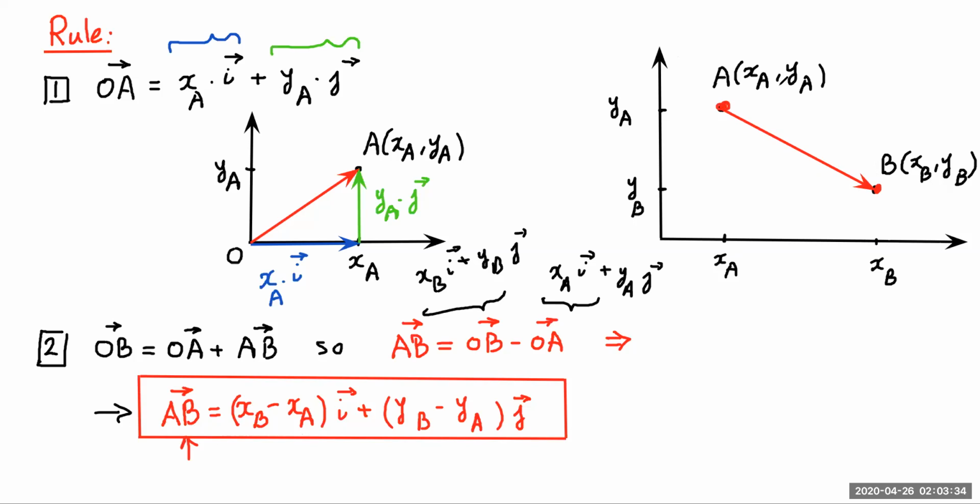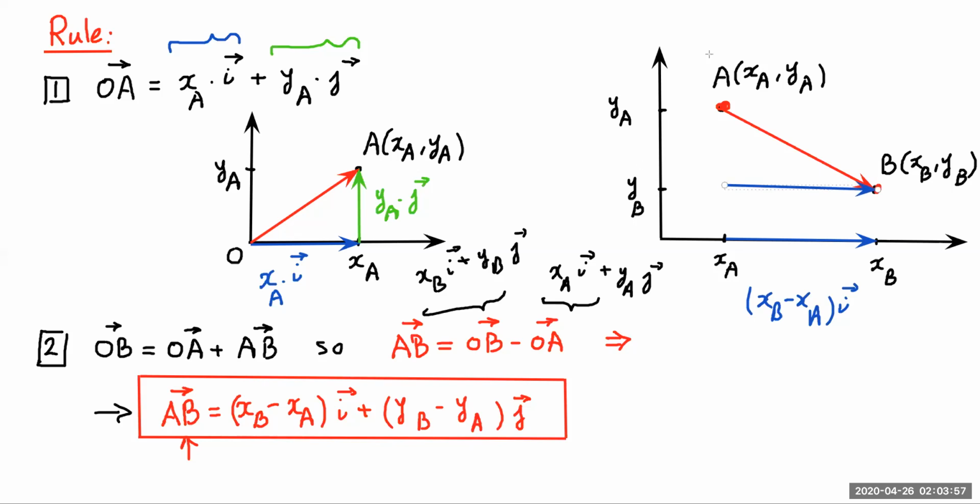So this vector here, let's sketch it in blue. This vector is xb minus xa times i, plus, and also I can sketch this vector from here to here.